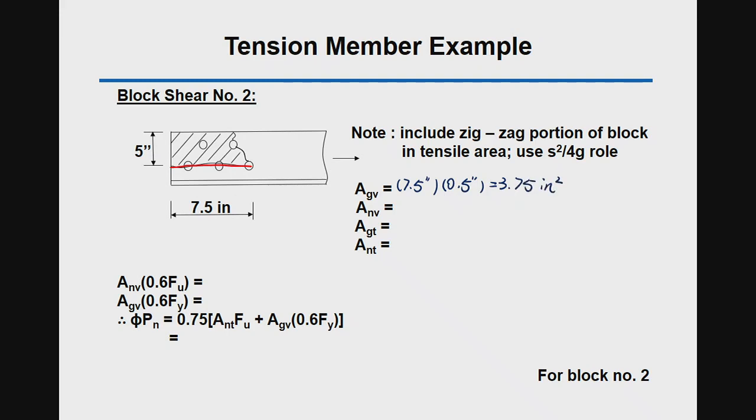And ANV, the net cross-sectional area, also stays the same as block number 1. It still equals the gross shear area subtracted by 2.5 holes, and the diameter of the hole is 1 inch, the thickness is 1/2 inch. So it's the same result, 2.5 square inches.